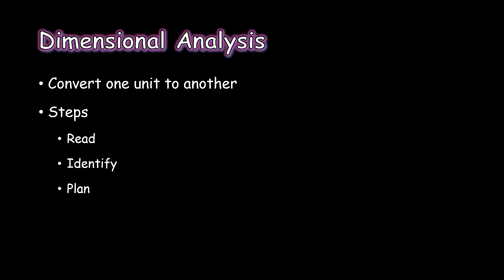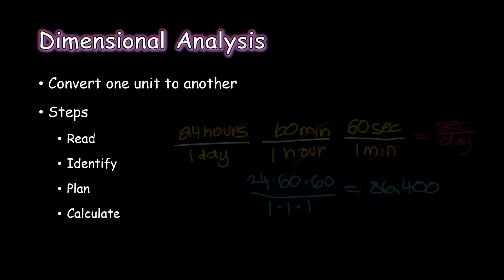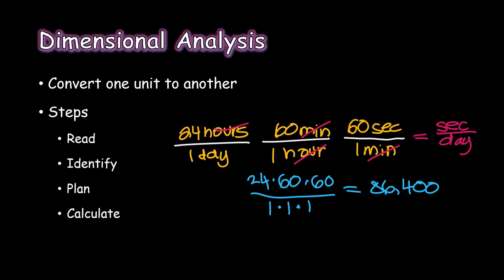So what equation is needed to convert from one unit to the other one? And then we will calculate our answer using dimensional analysis, which is just canceling all the units except the units that are needed in the answer. And then for the last step, you are going to want to double check your answer and see if it makes sense. So here on the right side, we have an example of what a dimensional analysis setup will look like.